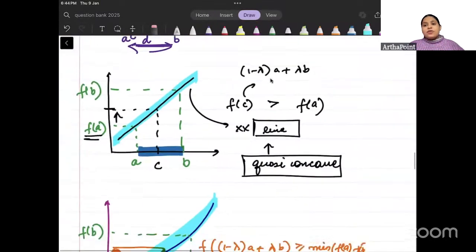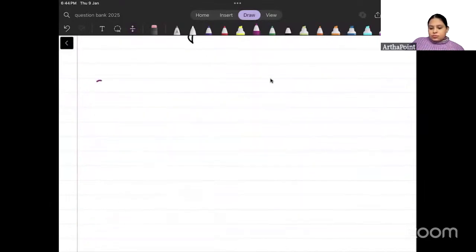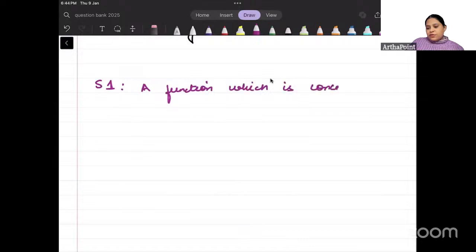So if I give you two statements: a function which is concave is definitely quasi-concave.